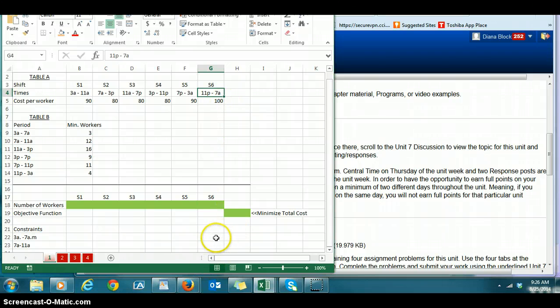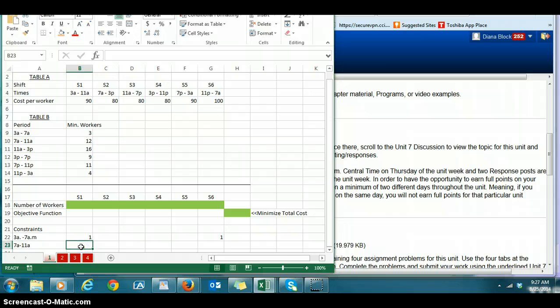So basically what that means is when you put your constraint in, and you're going to put ones in down here to represent the number of employees starting at that time, this 3 a.m. to 7 a.m. shift or start time is going to include people in this first shift as well as this last shift.